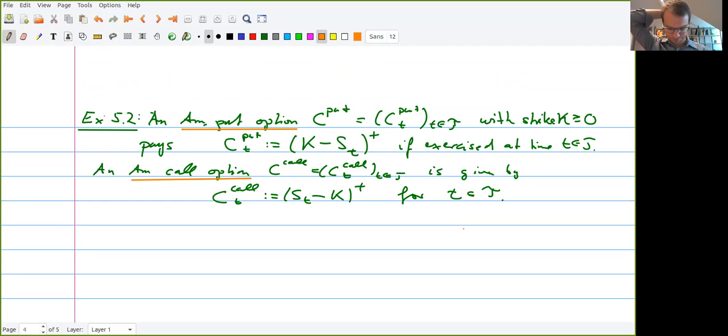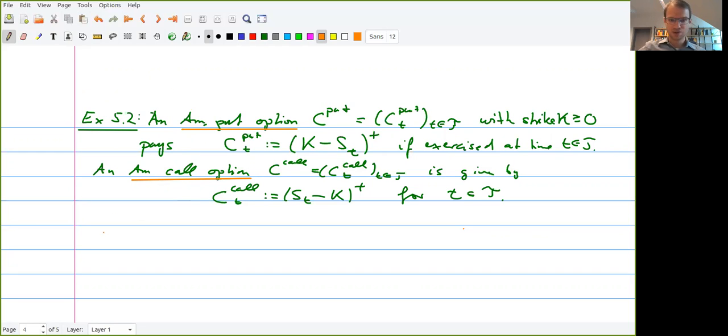Right. And now, we defined this type of option as an adapted process because the buyer has the right to exercise at any time.